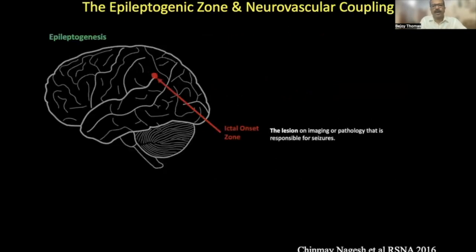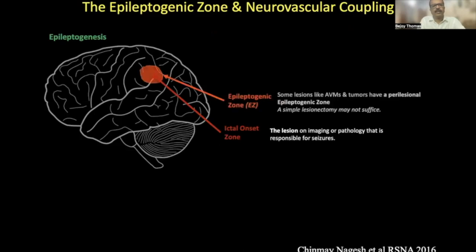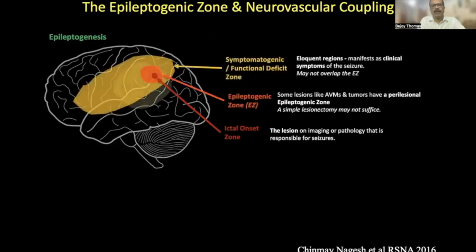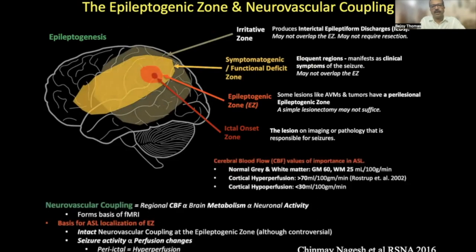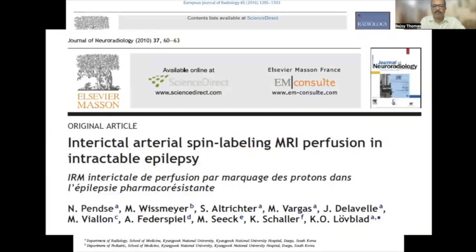Epileptogenesis occurs from the ictal onset zone and spreads into the symptomatic and functional deficit zone, and so on. We know that in the interictal phase there can be hypoperfusion of this epileptogenic zone, and in the ictal phase you can see the hyperperfusion.